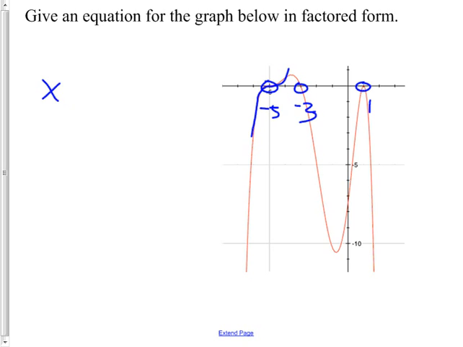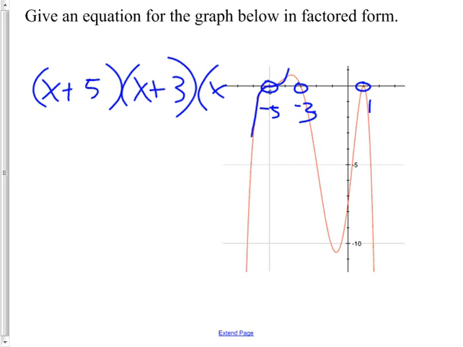And I would have x plus 5, x plus 3, and x minus 1, and y equals at the beginning of the whole thing. And then there's a minus there, in case you can't see it. Okay, and the x minus 5, this spot right here, that was the triple, that gets a 3. This spot was a bounce, that gets a 2. That's a cut through, and I don't even have to put the 1 there, or I can, and it won't hurt anything.